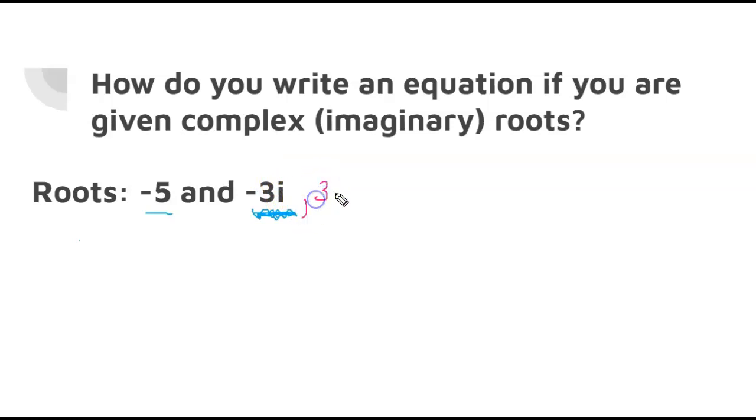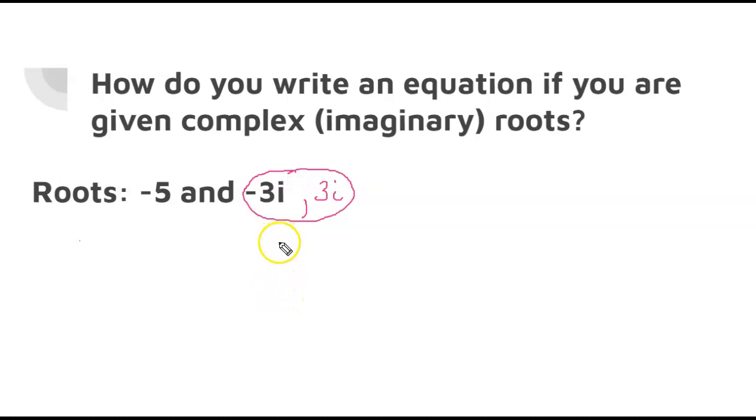So that means positive 3i also has to be a root. They didn't tell us that, but we know it for a fact because you cannot have an imaginary root without it having a conjugate pair. It has to be the 2 of them.